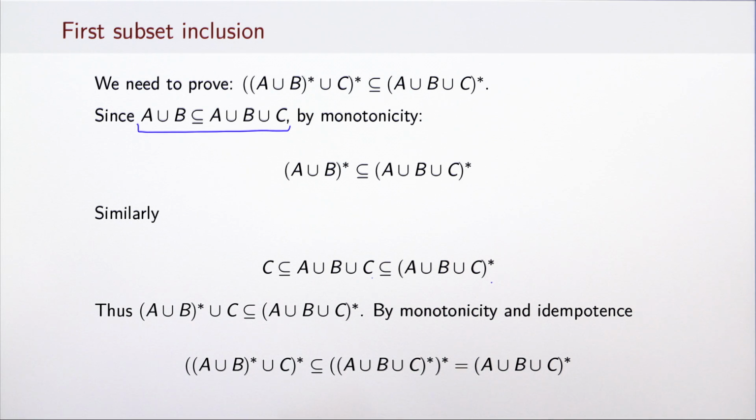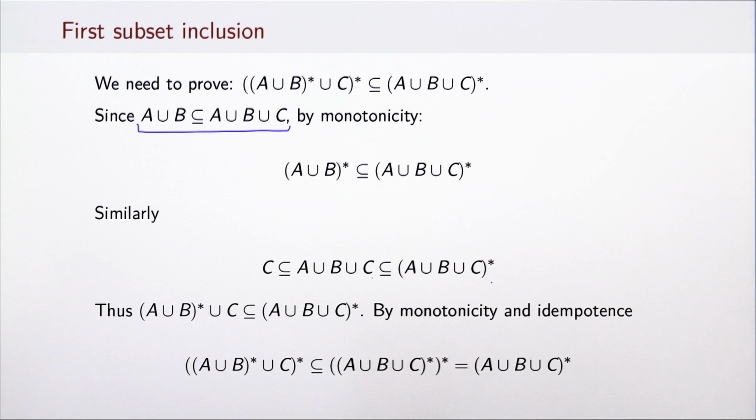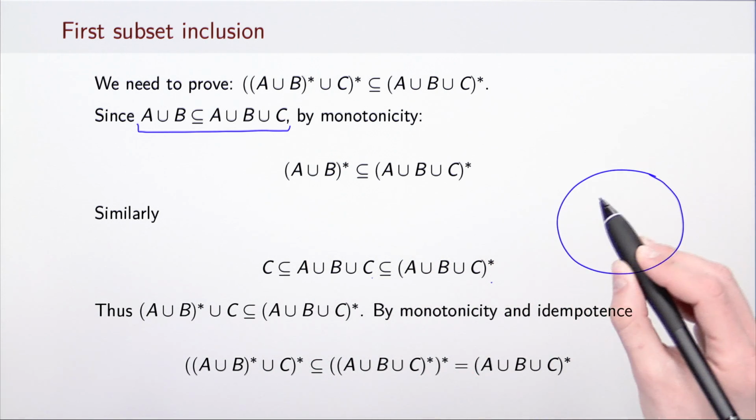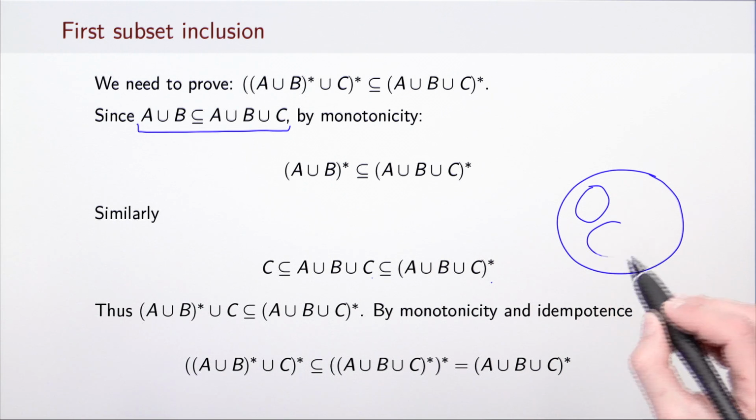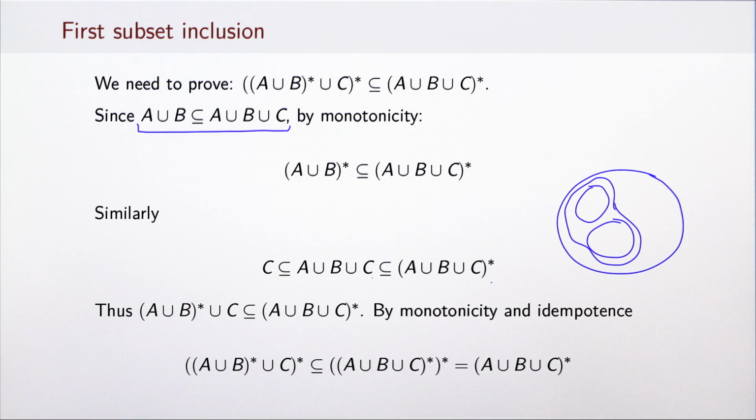What have we shown now? We have shown that A union B star is included in this A union B union C everything star, and we have also shown that C is included in that same set. If you show that one set is included and another set is included in some bigger set, then the union of these two sets is also included in that bigger set. So we obtain the following conclusion.